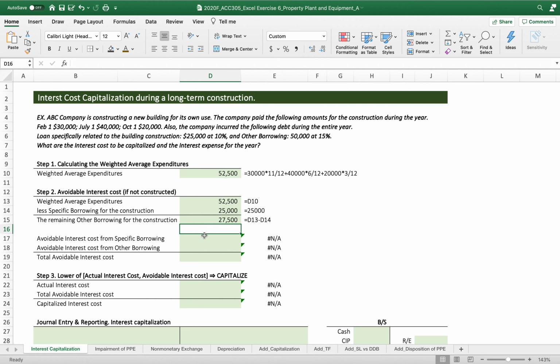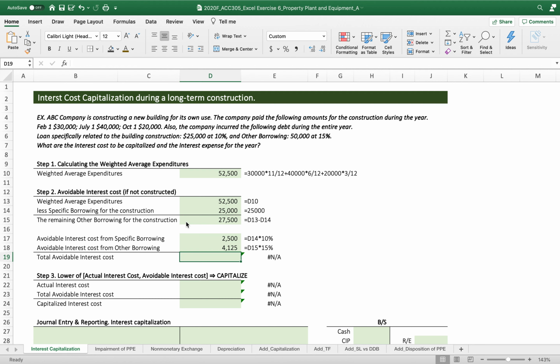Okay, then we can calculate the avoidable interest cost for specific borrowing if not constructed. So 25,000 times how much? Right, 10%. We have to put the 10% interest rate. That is the avoidable cost from the specific borrowing if not constructed. In the same way, 27,500 times 15% from other borrowing interest.